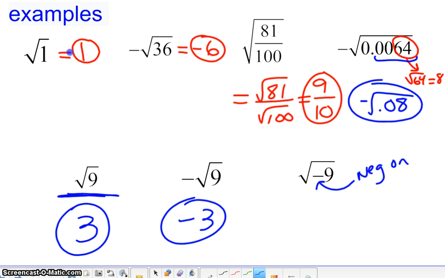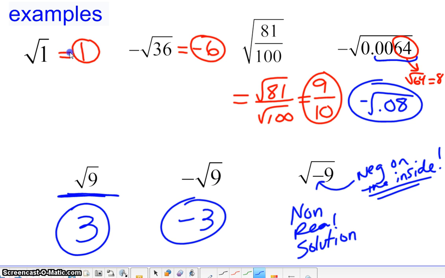So at this point in the chapter, we're just going to say no real solution. Negative on the inside is what I'd like you to write for the notes. Okay, so no real solution would be your answer on anything that has a negative on the inside.